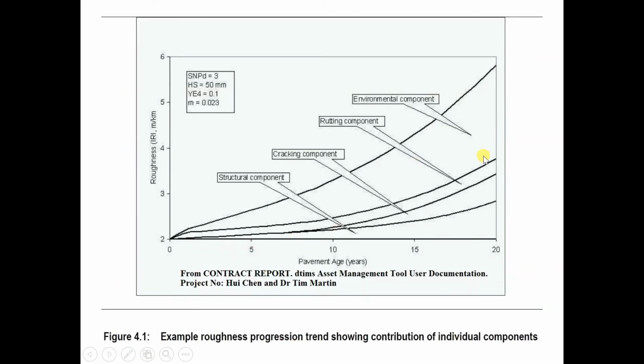And a big component of rutting is due to the environmental component, whether it's because the surface is rough, because the wearing course is rough from the oxidation of the bitumen, or because of water in the pavement and the subgrade, and erosion by other things.